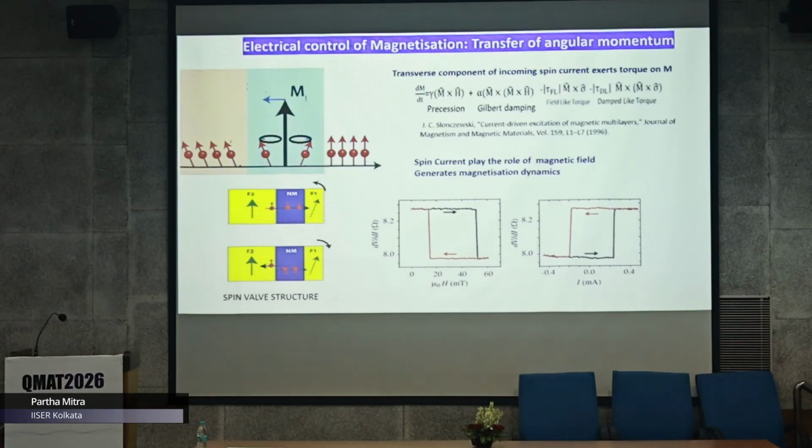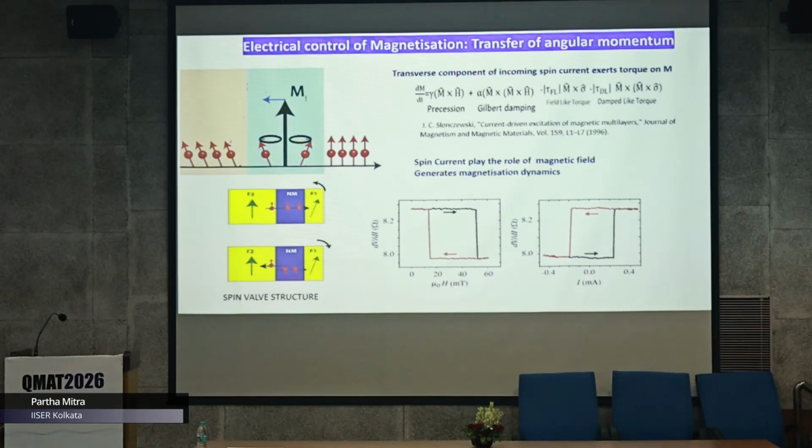The form which is M cross sigma is similar to this M cross H, so we call it the field like torque. And the component which is M cross M cross sigma, we call the damping like torque, because it is analogous to Gilbert damping.